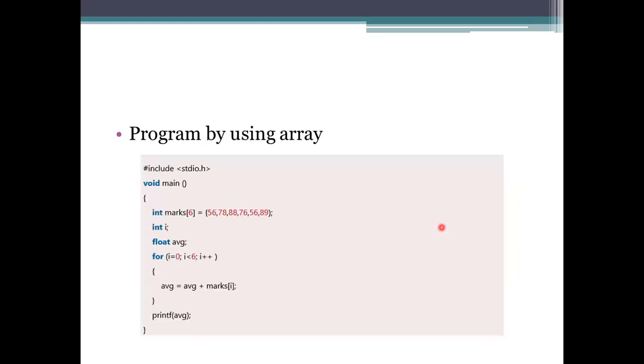If we are using an array here, what happens? We need to take an array representation for the marks. How many students are there? It is taking only one student here. So the marks has to take values up to 6. So specify the size of the array as 6 and store the values in it.